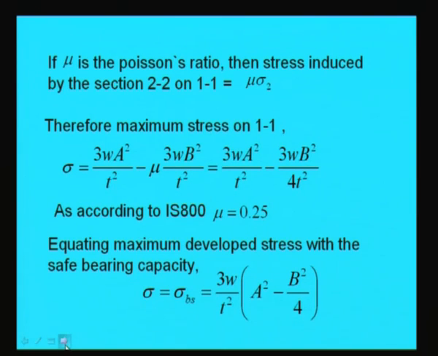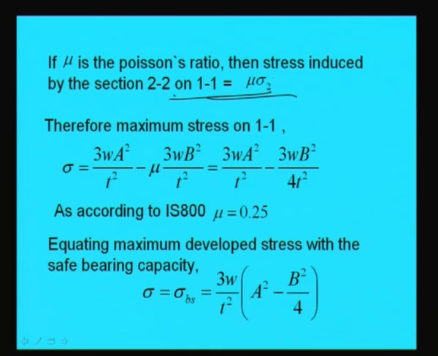Now, if mu is the Poisson ratio, then the stress induced by section 2 on 1 can be written as mu sigma 2, right.